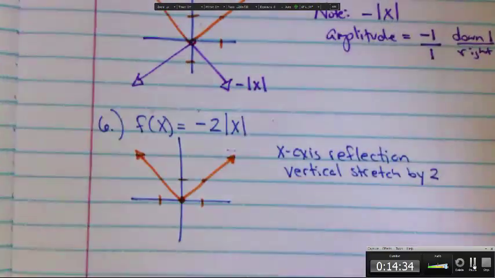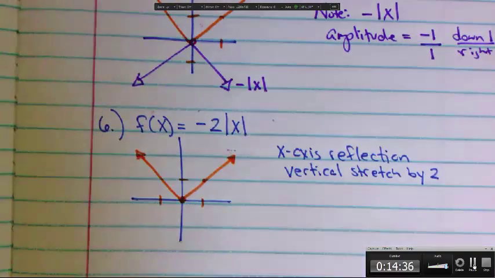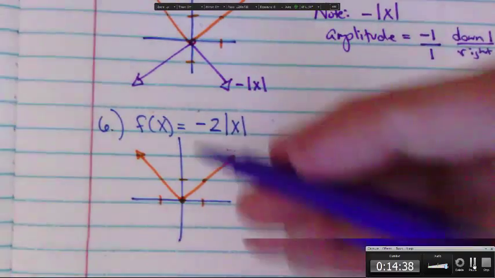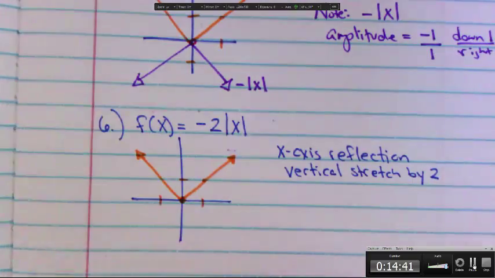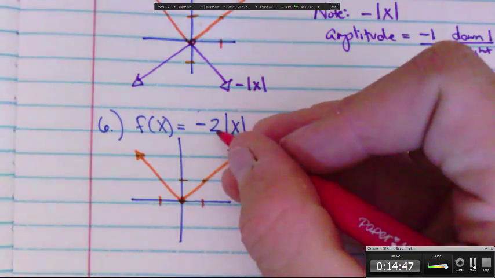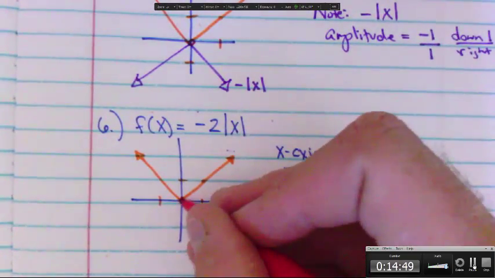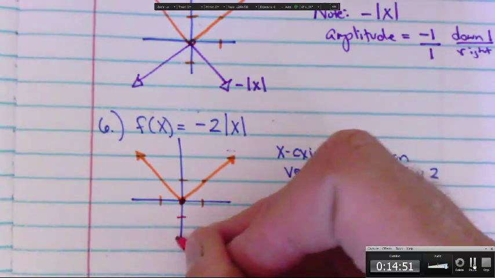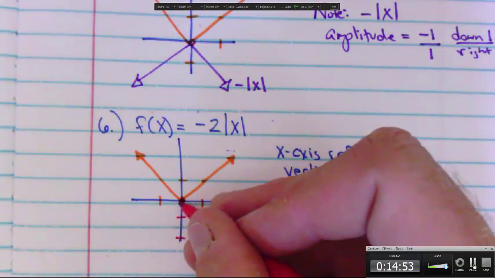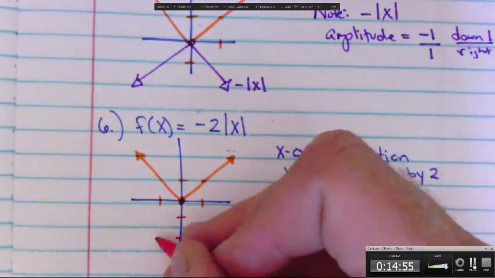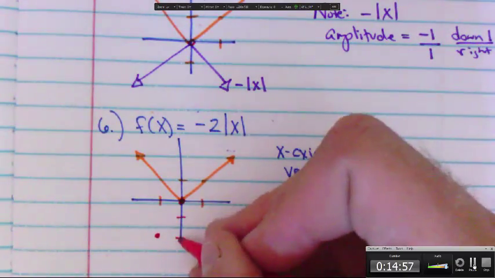Then taking care of the amplitude for this, the negative causes it to open down. The amplitude being negative causes the graph to open down. And the 2 tells you how steep it is. So now we're going to open down, and we're going to go down at a rate of 2 over 1. Down 2 over 1.